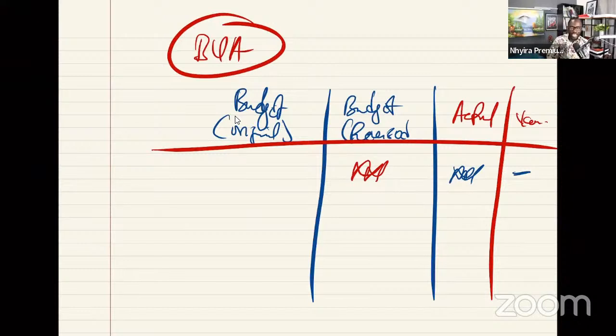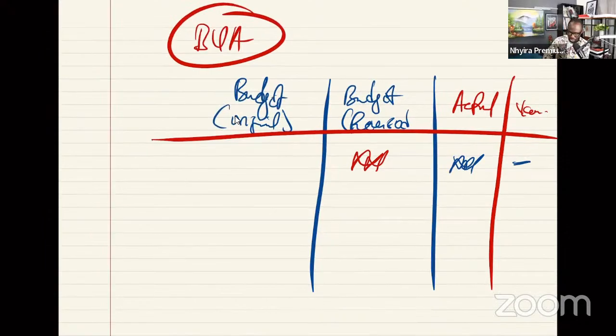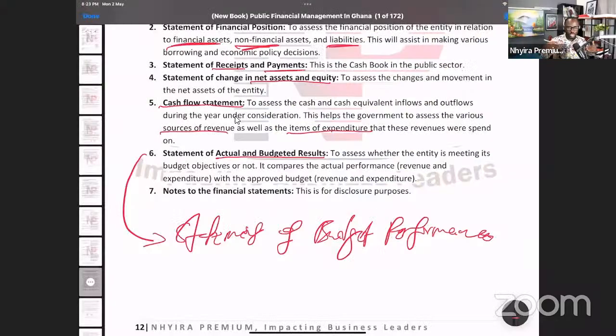We'll look at it later on, so don't worry. It is to assess whether the entity is meeting its budget objectives or not. So we'll compare the actual performance to the approved or revised budget of the government. That is also another statement that we prepare.